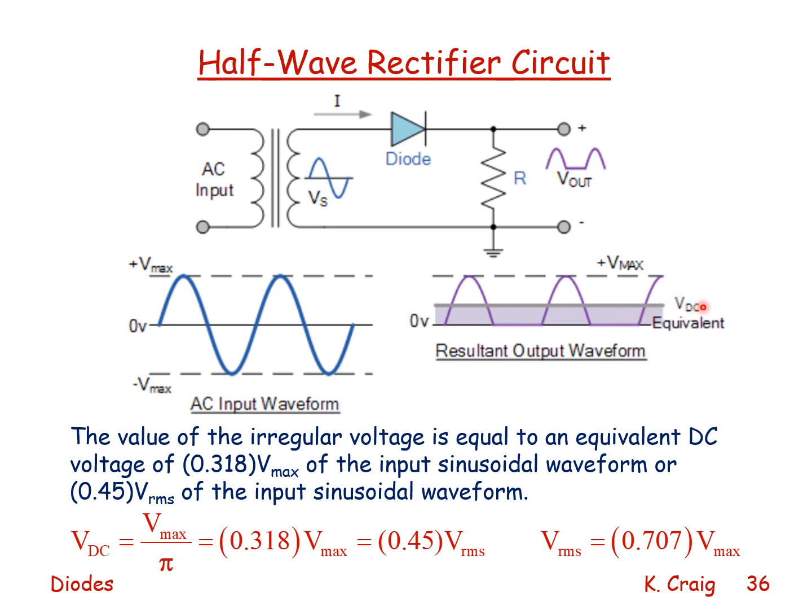Here is the equivalent DC voltage of this waveform. The DC voltage is equal to Vmax over pi, which is 0.318 of Vmax. It's also equal to 0.45 of Vrms, root mean square, where Vrms is 0.707 of Vmax.